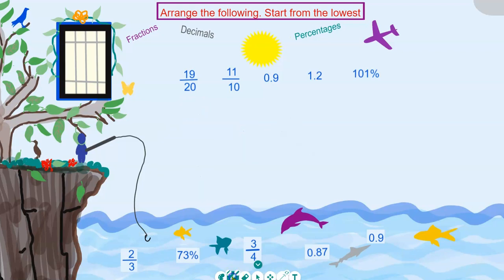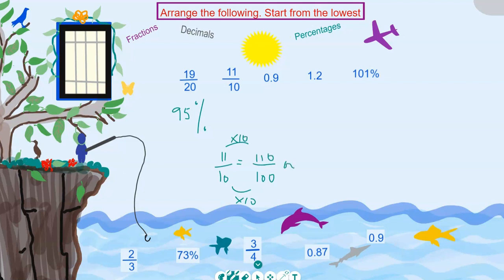Okay. So we're just going to write down under 19/20, 95%. Now for 11/10, you're going to make the denominator 100. So we're going to multiply 10 by 10. You also do the same to the top. So 11 times 10 is 110.